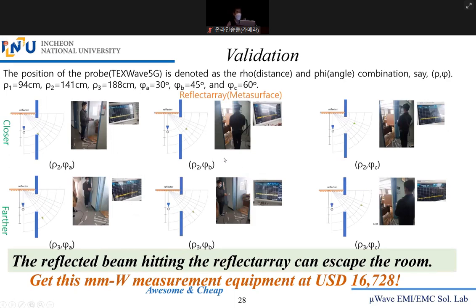And we tested our reflector arrays metasurface here, and we have the same combinations of the distance and angular combinations like these. Then you can compare. We will quantize these values to these curves, because the measurement is too tiny or too small to read.